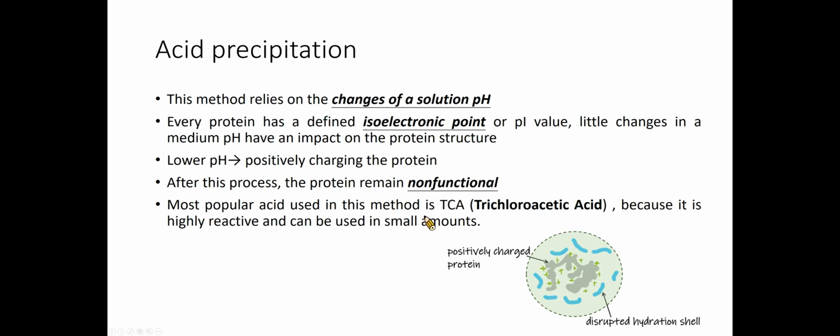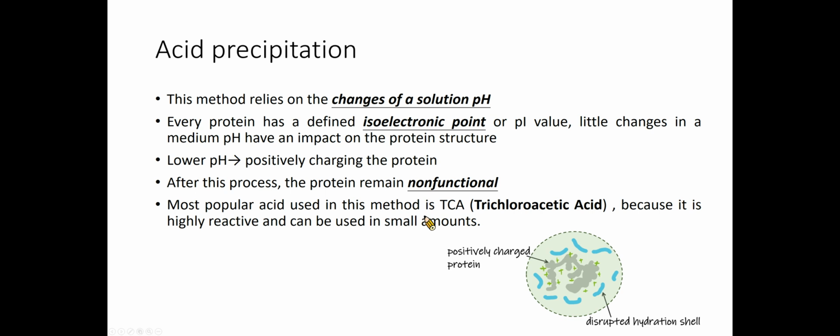The first one is acid precipitation. As every protein has a defined isoelectric point, little changes in a medium pH value can have an impact on the protein structure. Under low pH conditions, the proteins will be positively charged, causing the disruption of the hydration shell.